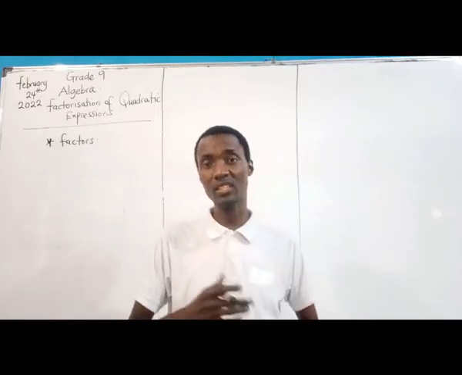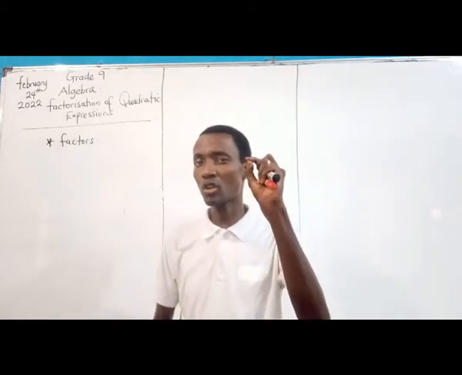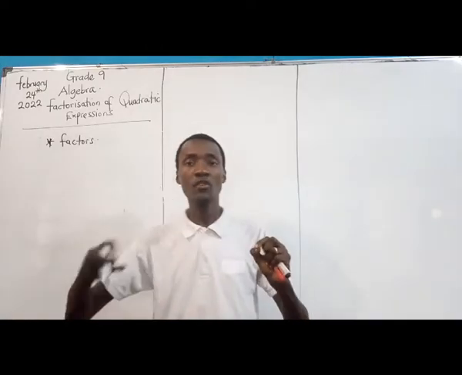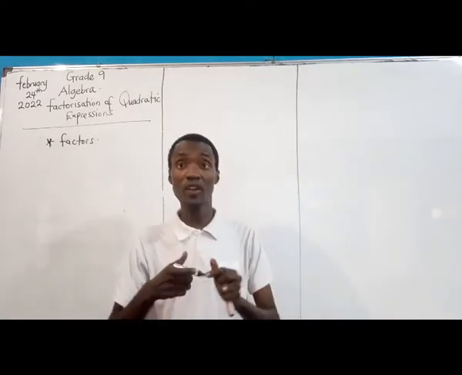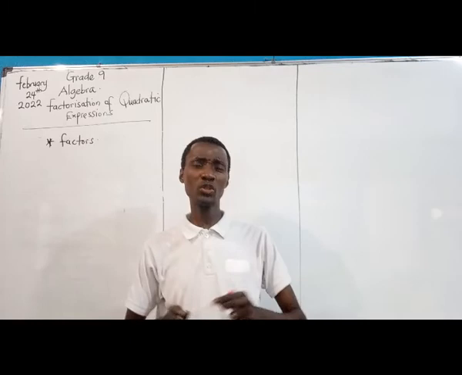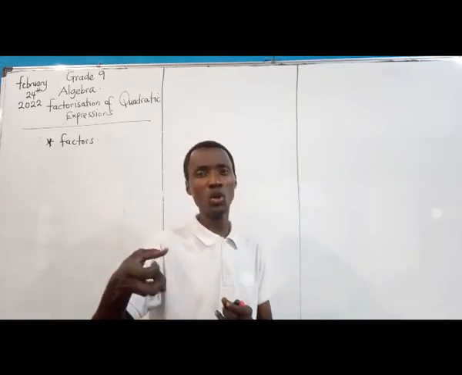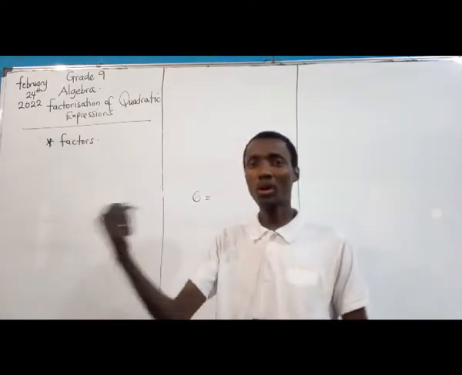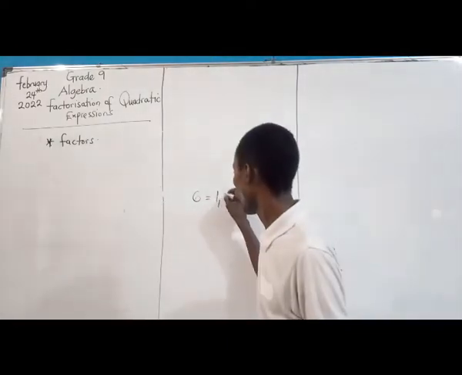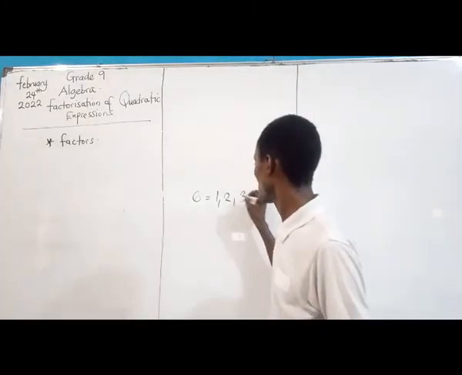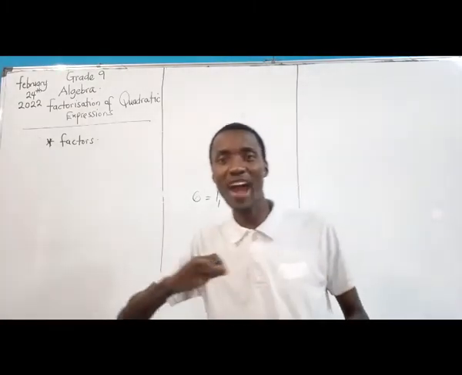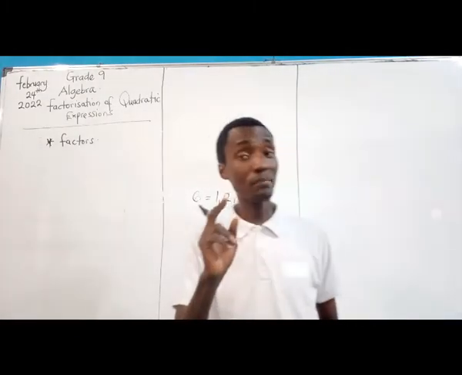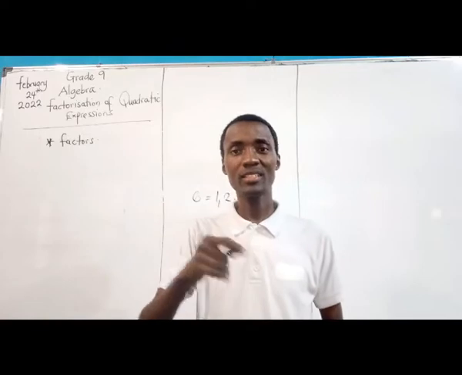That's your grade 8 experience. That's one important concept you must not forget, because the whole idea of factorization means to get out factors. And one of the examples I always use is to talk about sucking out. For instance, if I have the number 6, I can suck out 1, I can suck out 2, I can suck out 3, and I can suck out 6. So these are factors I can suck out of 6. Bear this in mind, every number is a factor of itself.